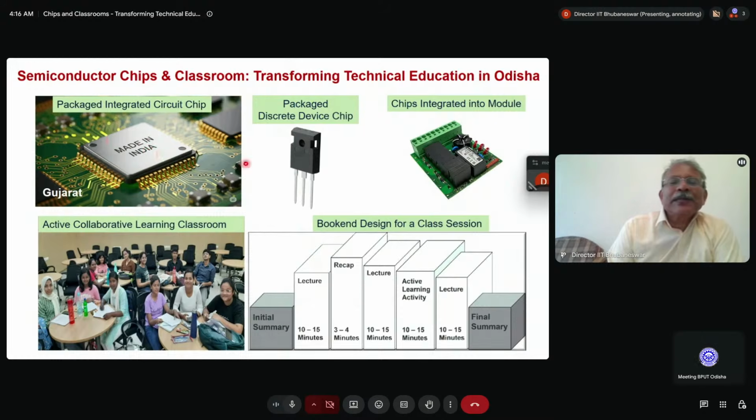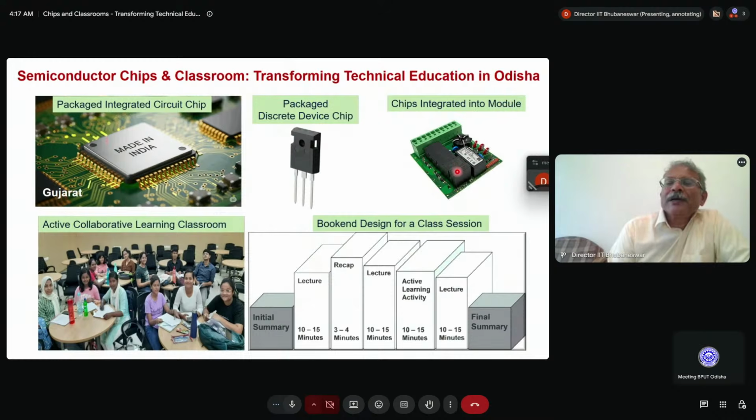As compared to this, here you have a single device on a substrate and then put in a package with connections to the outside world. So this is a packaged device chip. Now let's look at the third picture here. What is this? This is a module. Now what is a module?